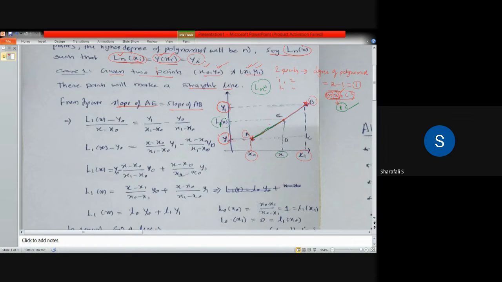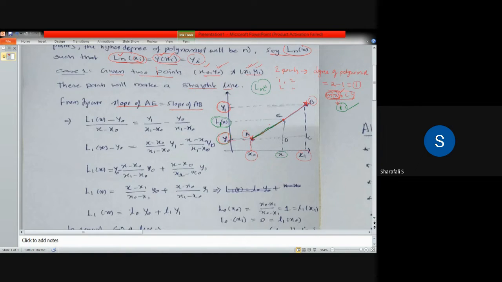And in this case, delta y or dy will be equal to this L1 of x minus this y0. That is the difference in y-axis for this straight line from A to E. So for the AE straight line, we have change in y as L1 of x minus y0.